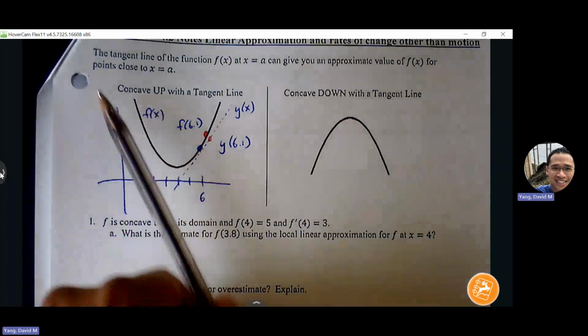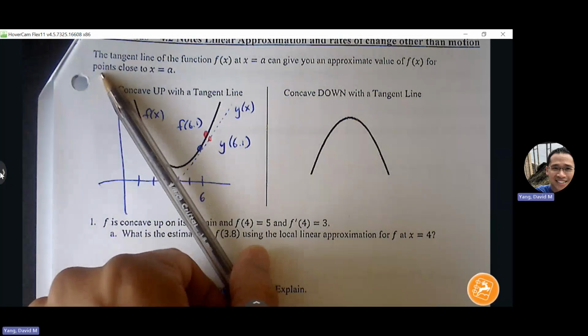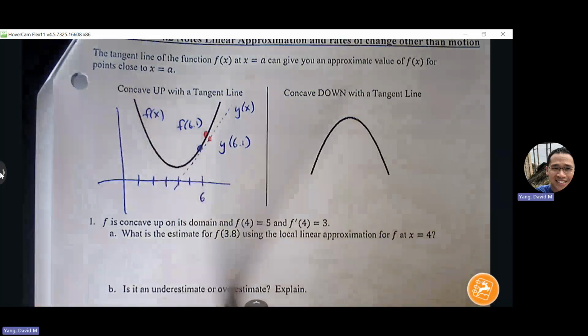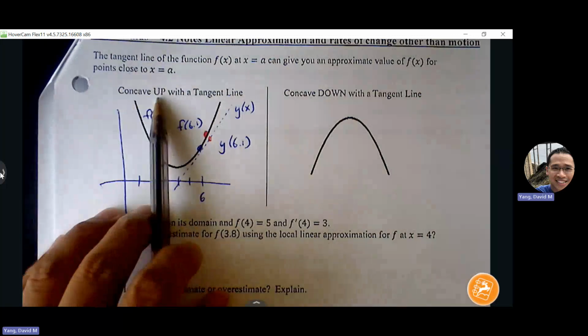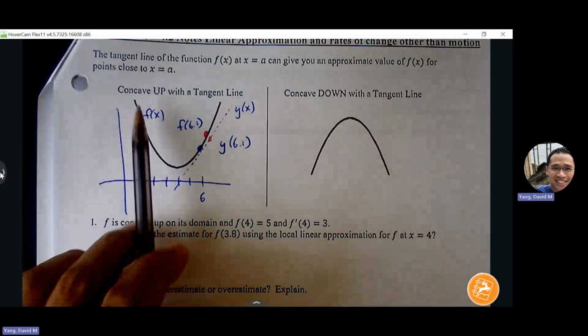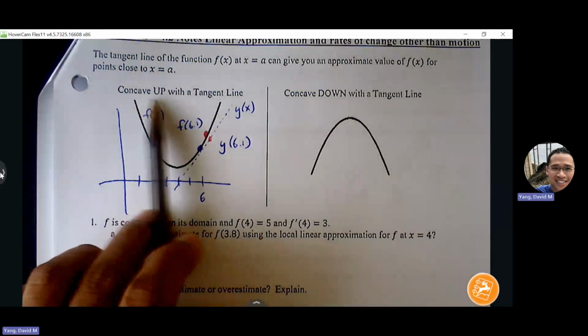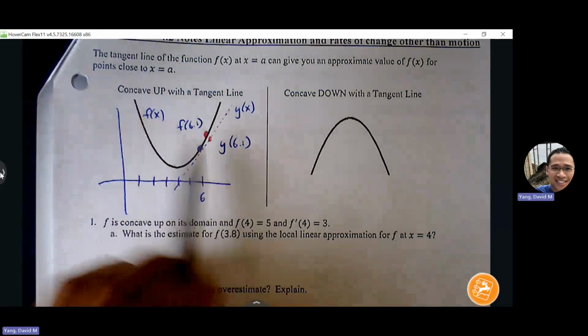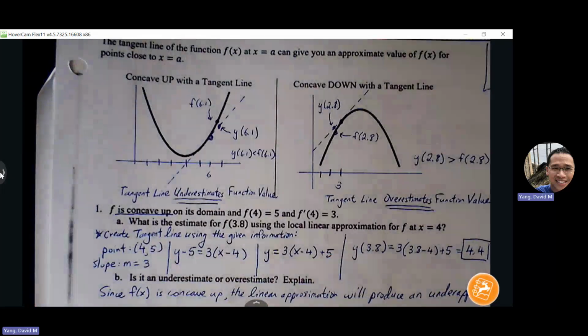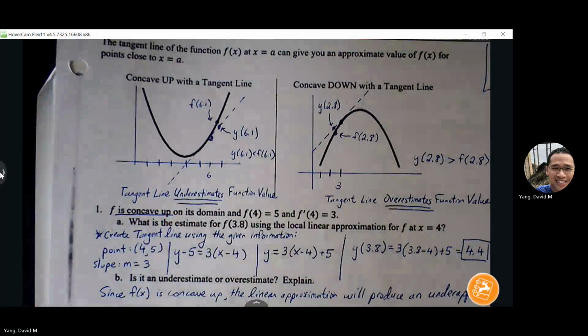Is the tangent line always going to be below the curve in terms of approximation? It is. Okay. So that's the key thing. That's really the big idea here with this graph: if I ever have a concave up graph, my tangent line is always going to underestimate my function value.